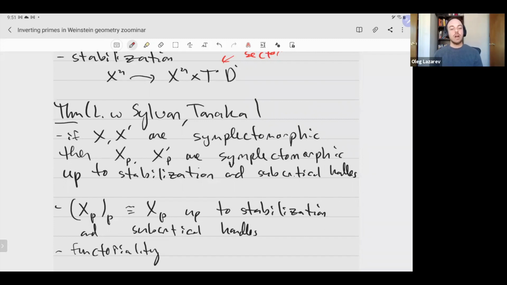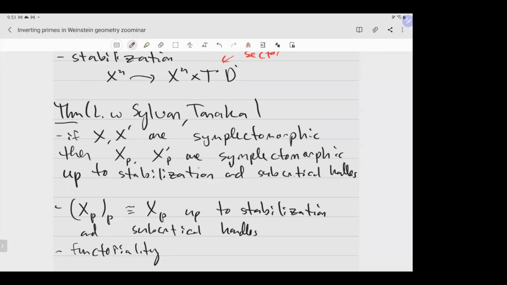But in this case, we're doing it for an arbitrary prime, and we're proving it up to stabilization and subcriticals, but we are showing that it is well defined up to these operations. Okay, any questions about this result or the previous classification results I stated?